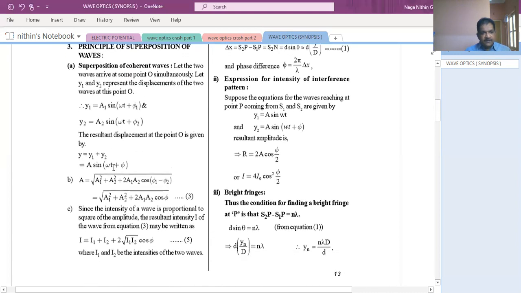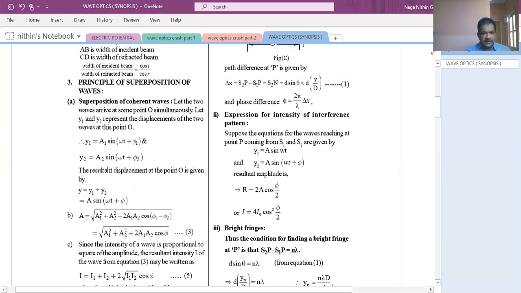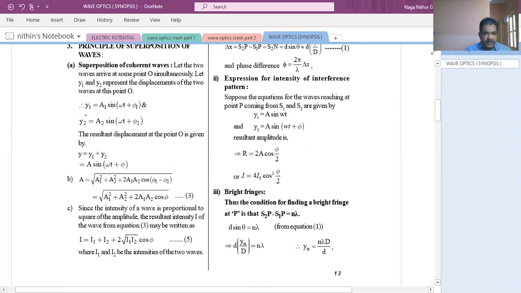Next, interference formulas we will discuss. For example, a wave is there. Its displacement is y1 equal to a1 sin(omega t plus phi 1). Another wave is there.